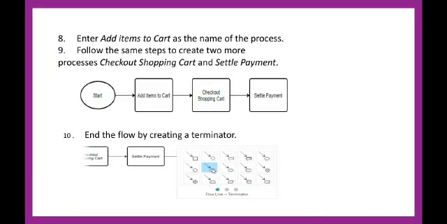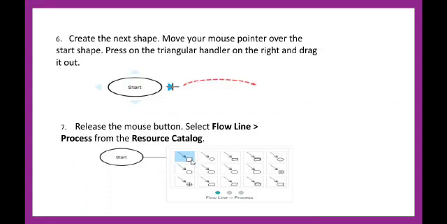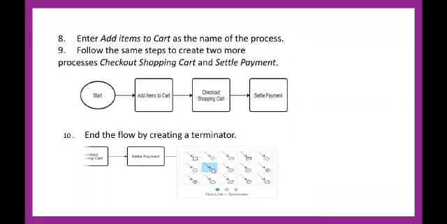Now, creating a simple flowchart, we can take Add Items to Cart as the name of the process that I have taken. Follow the same steps that we used for the first one to take two more processes, named Checkout Shopping Cart and Settle Payment.